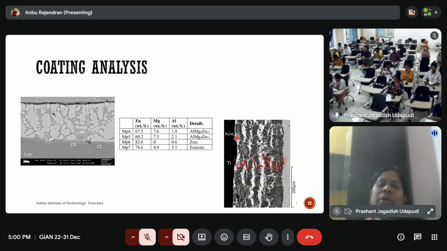If it identifies some compound, you can pick how iron is distributed, how aluminum is distributed, individual elements, and get the distribution map out of it. That facility also is provided by the SEM EDS detector.